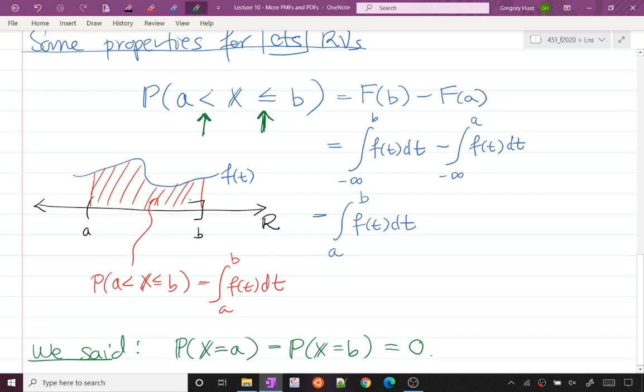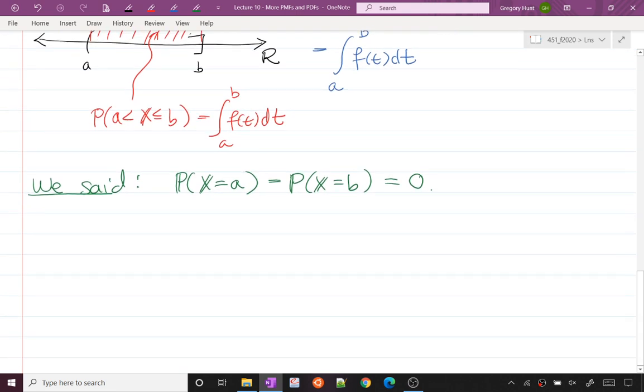And so it doesn't actually matter as much if we include the lower endpoint or not, if we include b or not include a. So in fact, the probability that x is bigger than a and less than or equal to b, we can actually play around with as much as we want. We could change this to a less than or equal to.